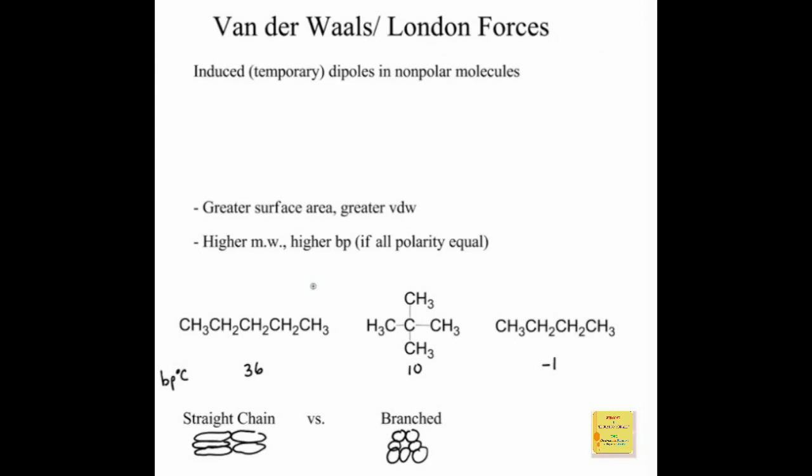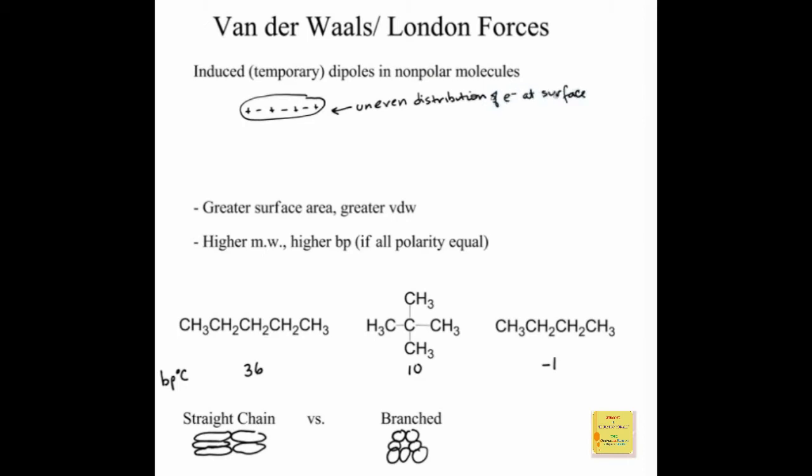Well, we have something known as van der Waals forces or London forces, and these are temporary dipoles that can occur in nonpolar molecules. So let's take a look at a nonpolar molecule, just represent it here, and let's imagine that at some point there might be an uneven distribution of electrons at the surface.